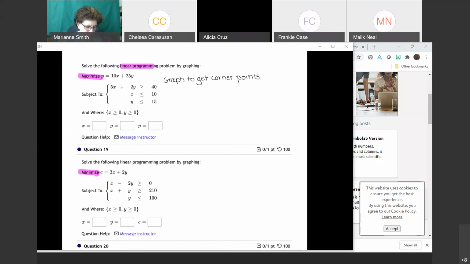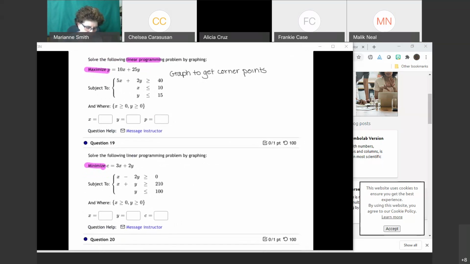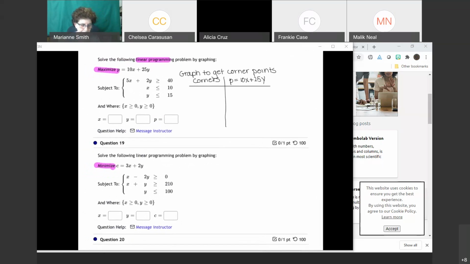Essentially, I'm going to look at these inequalities, and then I'm going to get a list of corners of a feasible region. And then I'm going to evaluate my objective function, which is P equals 10x plus 25y.